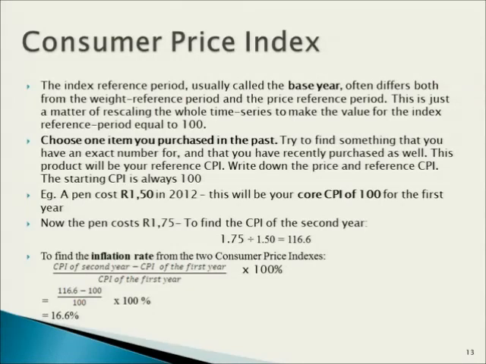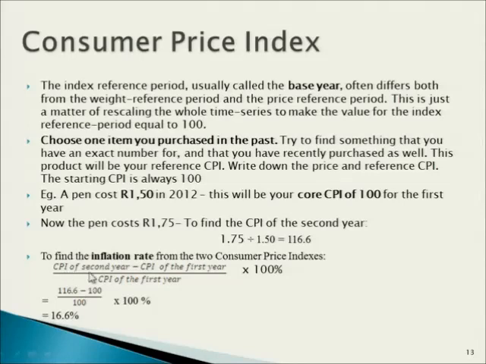What do you notice? Now I've got two CPIs. I've got my first CPI of 100, and I've got my second CPI of 116. And now the best part is, from those two CPIs, I can calculate the inflation rate. Here is another formula. But I wonder if you can spot the similarity again.